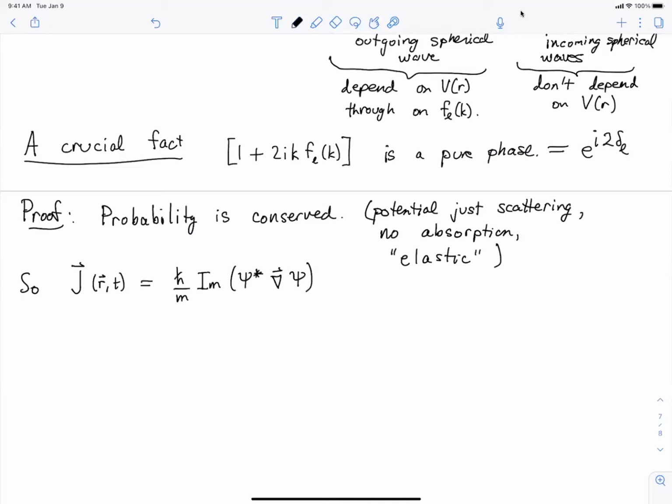Okay, so that makes it a vector, and then we take the imaginary part, and that's conserved, which is just a way of saying that if you take its divergence, that's equal to minus the time derivative of the probability density, right? That's the statement of conservation of probability, that if you see the probability leaving a point, that's the minus sign, then that point should be a source for the probability current. That's what divergences are telling you about, is sources. So in any case, we proved that.